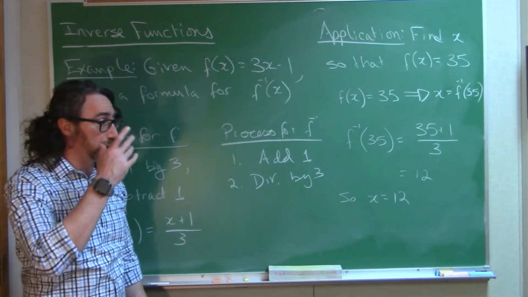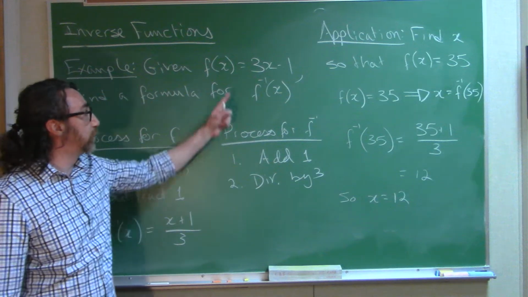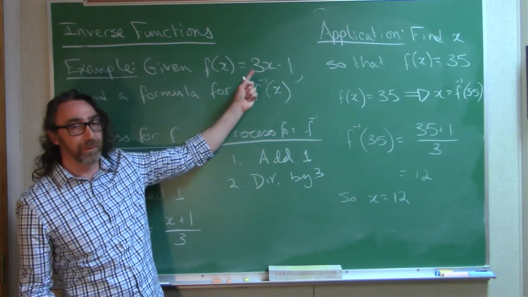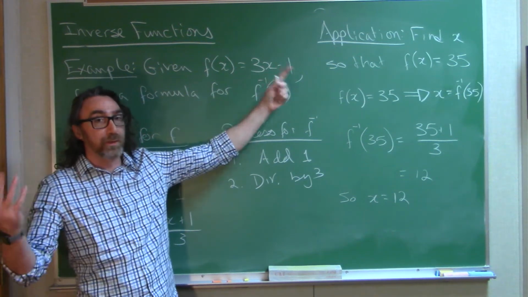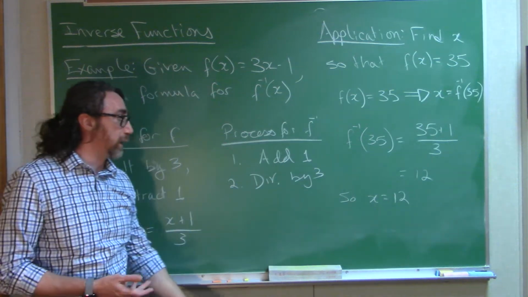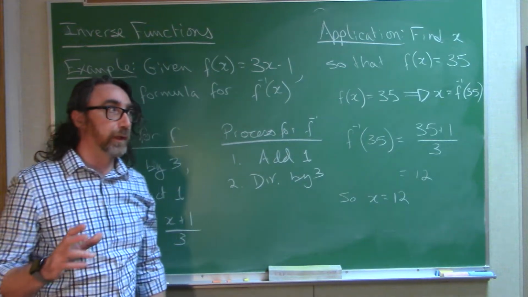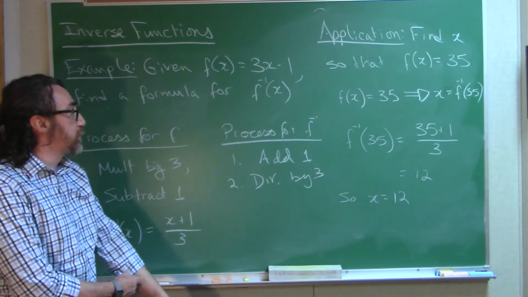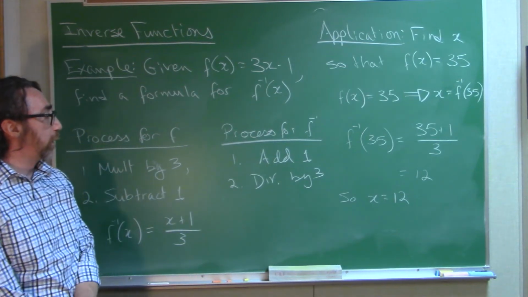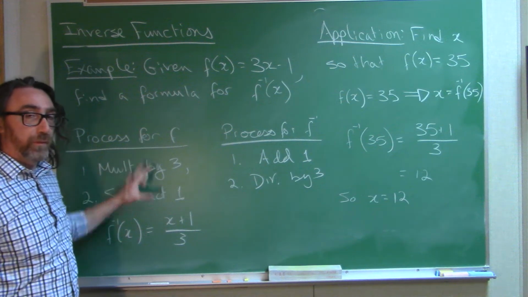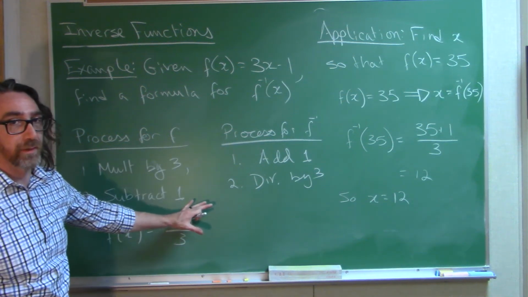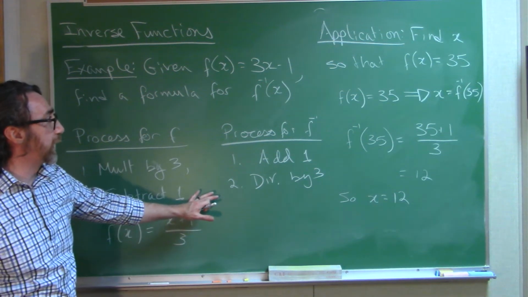And we can very quickly check that if we did use x equals 12 in this formula, 3 times 12 is 36, minus 1 is 35, just like we wanted right there. Okay, so that's the idea of an inverse function. This business right here is very easy to understand.